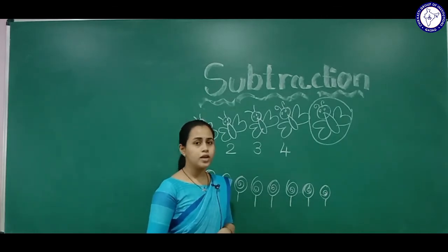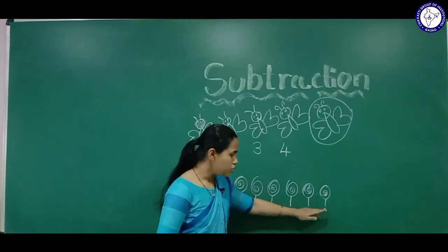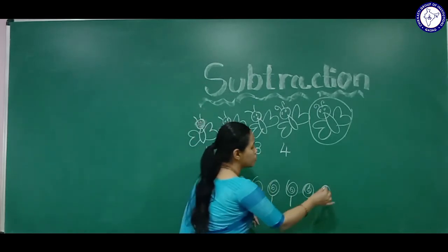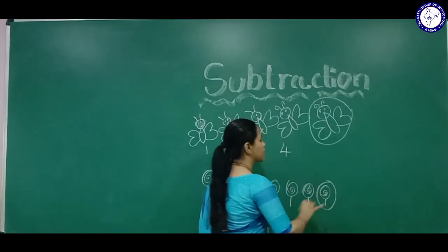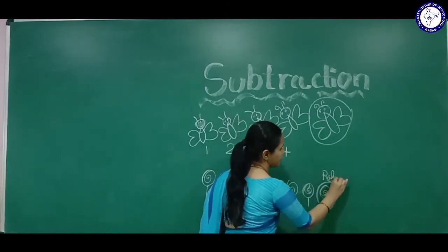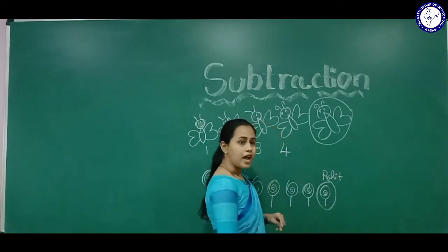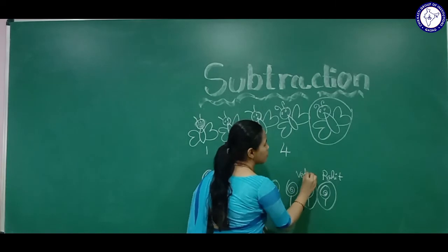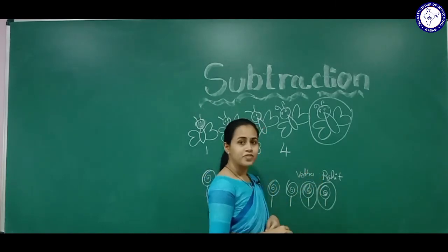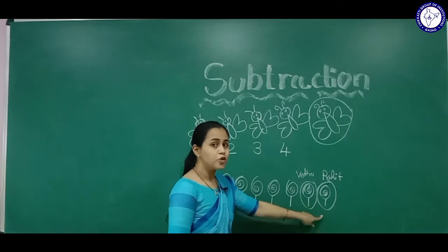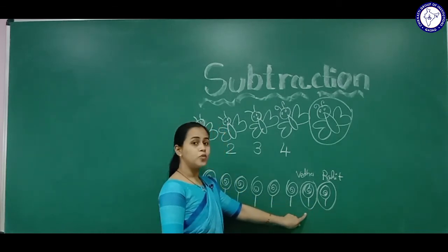It's your birthday and you want to give these lollipops to your friends. Here you have 2 best friends. You give this lollipop to Rohit, and this lollipop to Veda. You have given 1 lollipop to Rohit and 1 lollipop to Veda.